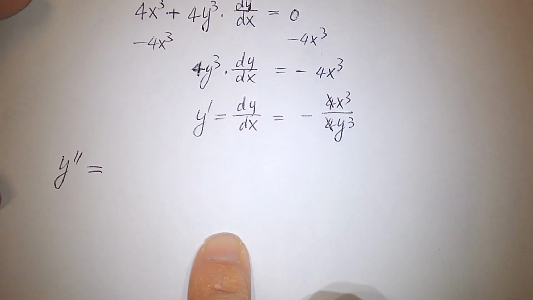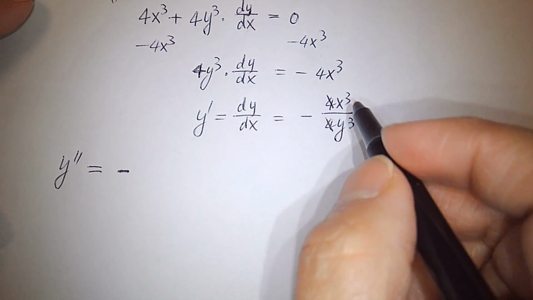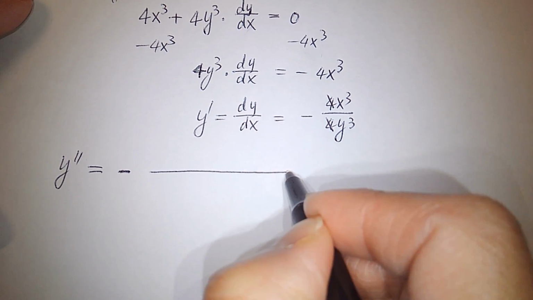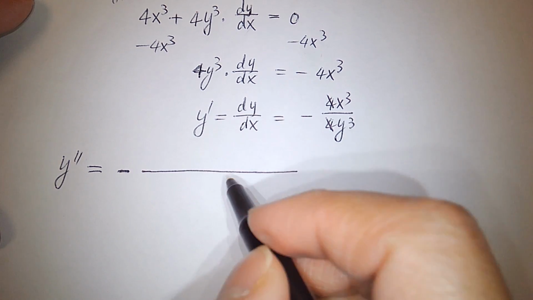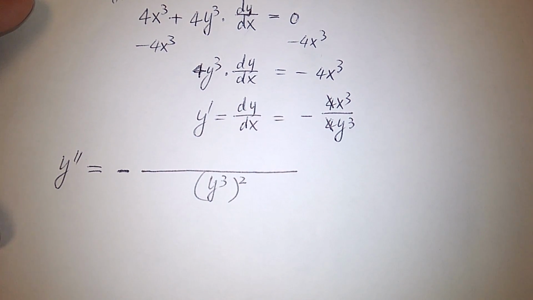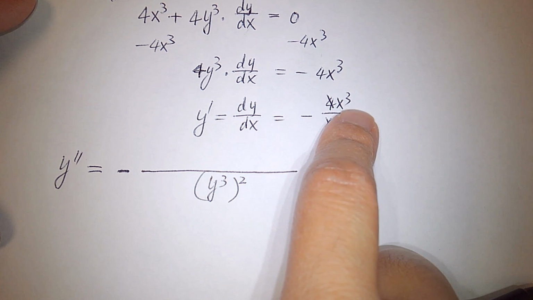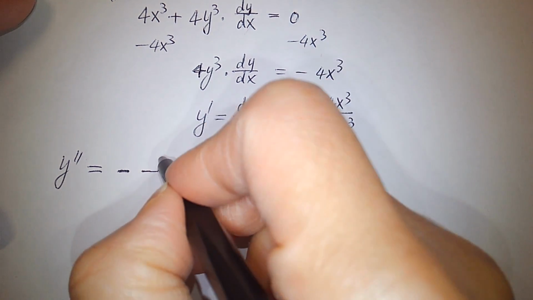Quotient rule, right? So the differentiation is going to be negative, still negative, x to the cube divided by y to the cube. By using the quotient rule, we're going to have a y to the cube, what? Square. Right?